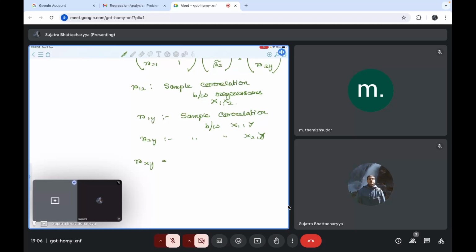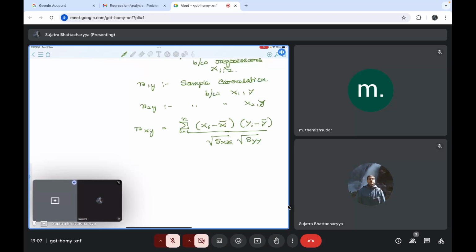The correlation definition is nothing but summation i going from 1 to n of (x_i minus x bar). This is the general definition of the correlation, where the upper part is the covariance divided by the lower part, which is the standard deviation, where Sx and Sy are the variance. Okay, this is the correlation definition.